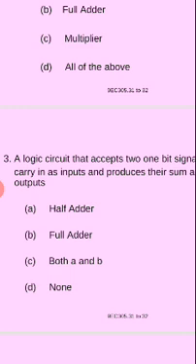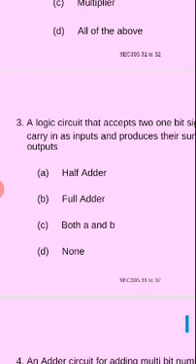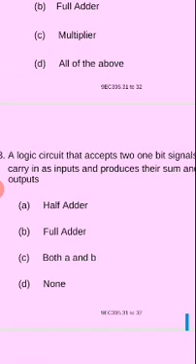Option B, full adder. Option C, both A and B. Option D, none. For that, the right answer becomes full adder. It is option B.